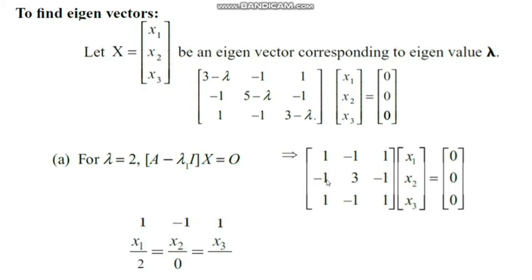You have 1 minus 3 minus 2, which is only minus 2, the minor of this element, and its cofactor is 1 times minus 2, that is only minus 2. Simplify this, and one can get this resultant member. You will take the eigenvector as 1, 0, minus 1.